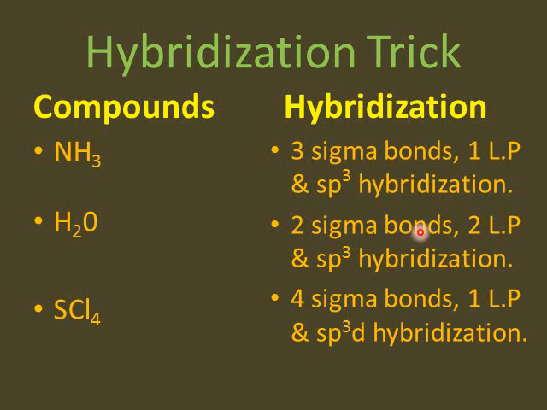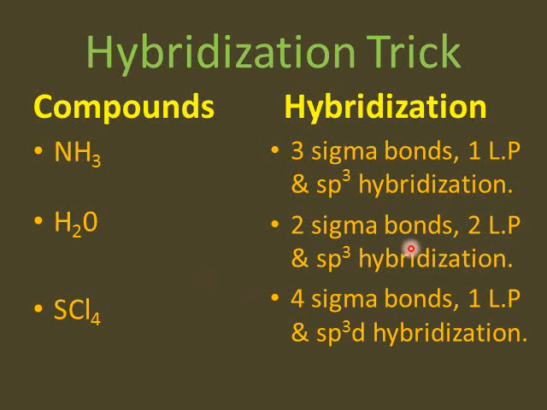2 sigma bonds are formed with 2 hydrogen atoms. And the remaining 4 electrons of oxygen will form 2 lone pairs. A pair of electrons represents one lone pair. Here we have two pairs of electrons, meaning 4 electrons, so we have 2 lone pairs.